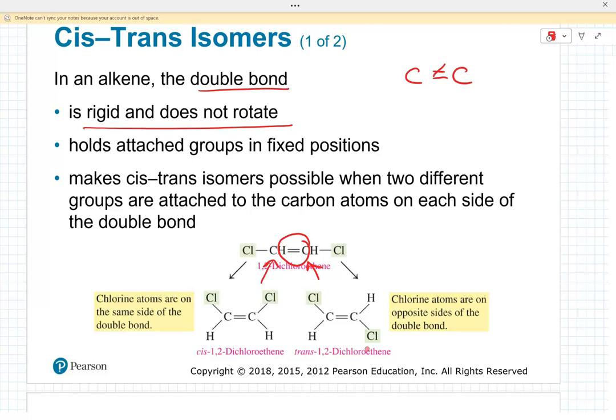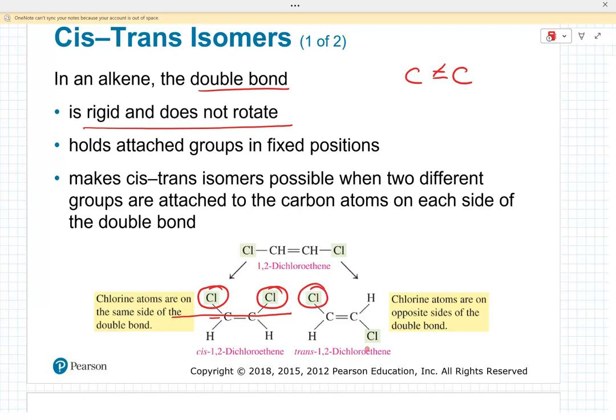So, for instance, here is a great example of dichloroethene. This bond essentially represents a borderline, or the central axis of the molecule. In the molecule on the left, two chlorines are on the same side. Can you see that?